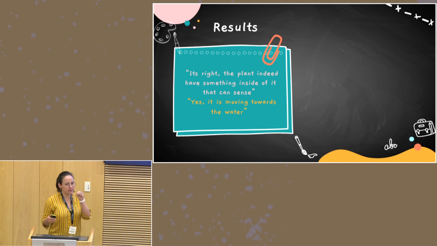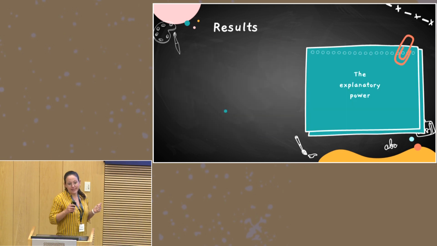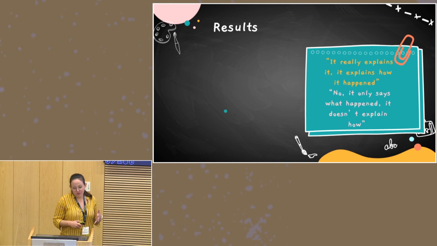They said, yes, it is moving towards the water. They just accepted the description. The other criterion was the explanatory power. The explanatory power means that the explanation answers the given question in the best way. I'll give you an example.